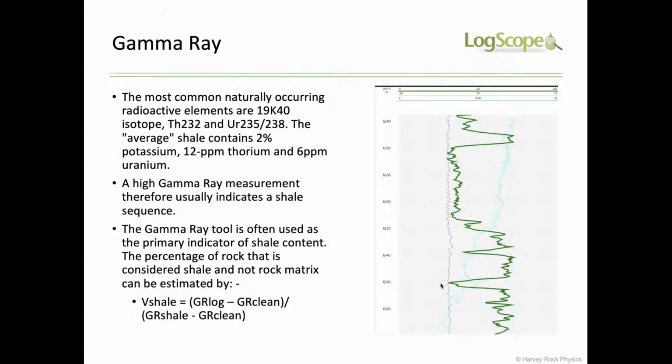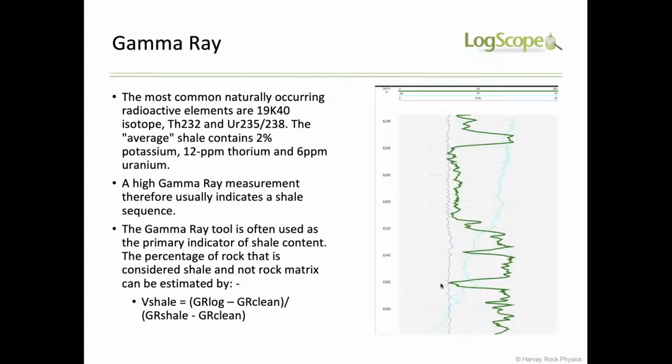It's interesting to note that if you use the gamma ray on its own and you're in an area that has heavy mineral sands, it is possible to have sands that have gamma ray values that are equal to or greater than your clay values.